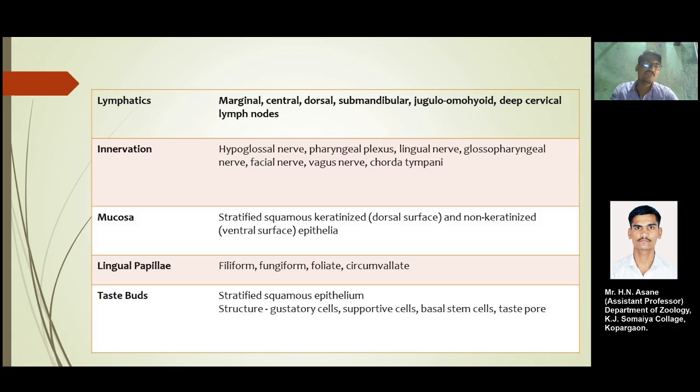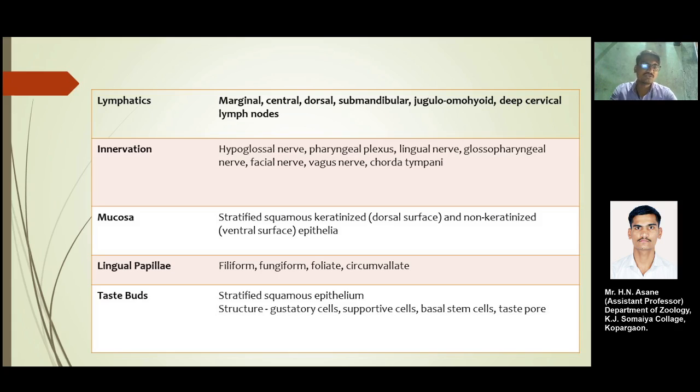Then the innervations are the hypoglossal nerve and the pharyngeal plexus. Then the lingual nerves, the glossopharyngeal nerves, the facial nerves, the vagus nerves, as well as the chorda tympani are also seen in the innervations.